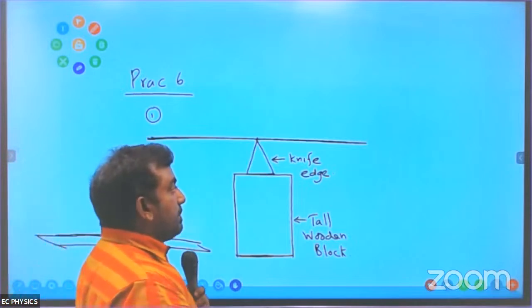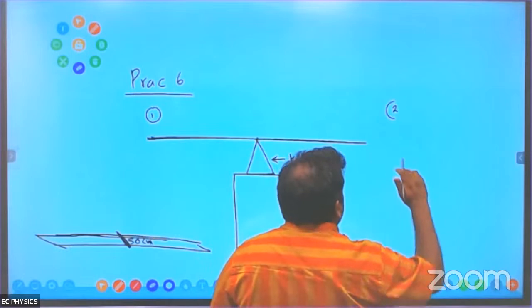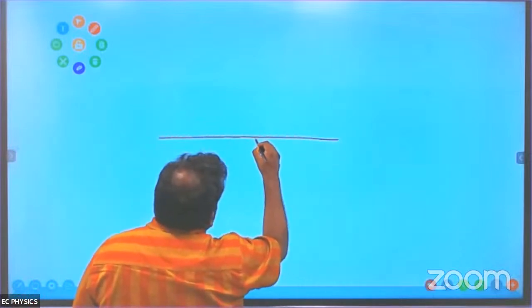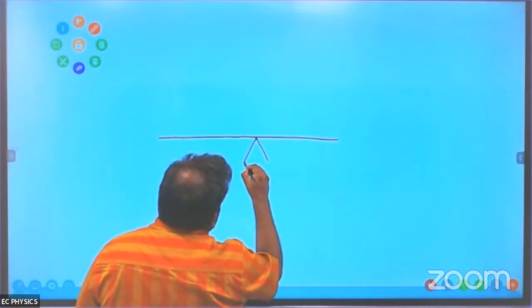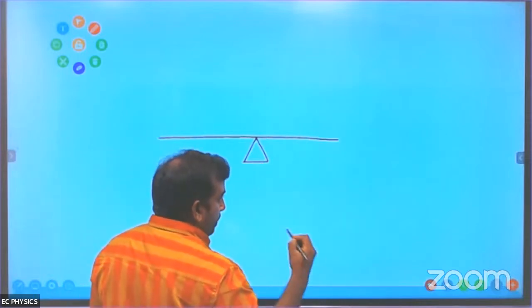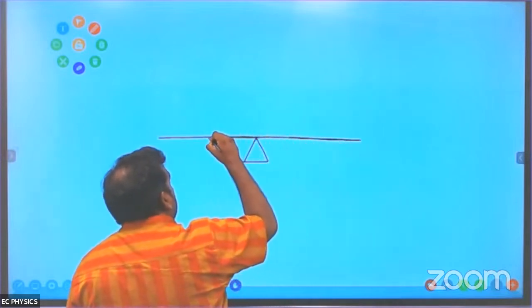What is your second step? Second step is, now this is balanced on a knife edge, no? Now, according to your booklet, this is what they have done.